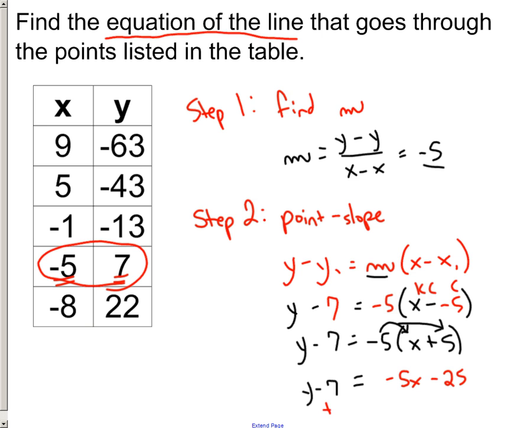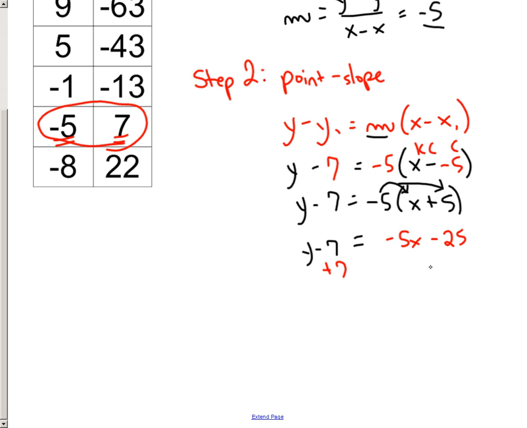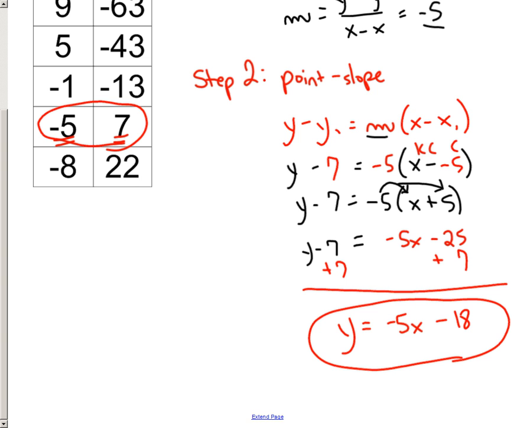And now we can add 7 to both sides, and we're left with the equation of the line. So there you have it. It takes roughly about 2.5 to 3 minutes to go through and do that.